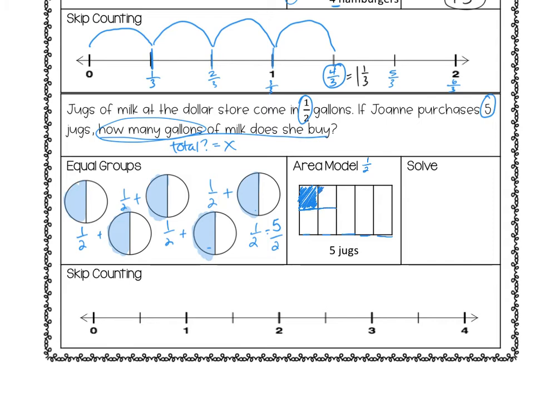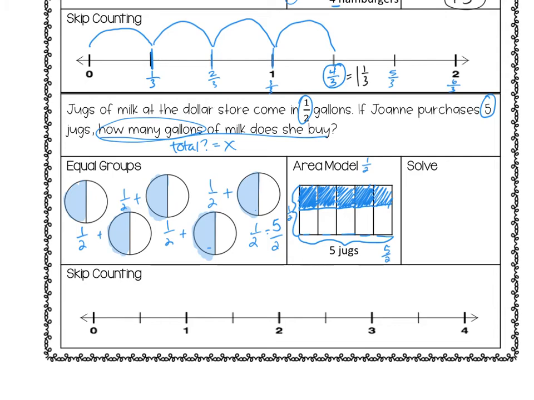This jug is also just 1/2 of the gallon. This jug is also 1/2 of the gallon. This jug is also 1/2 of the gallon. And this jug is also 1/2 of the gallon. So we have 5 jugs times 1/2 each. So we have 5 halves.